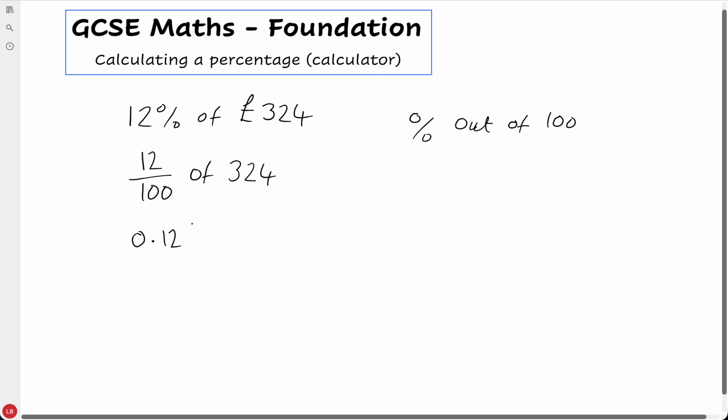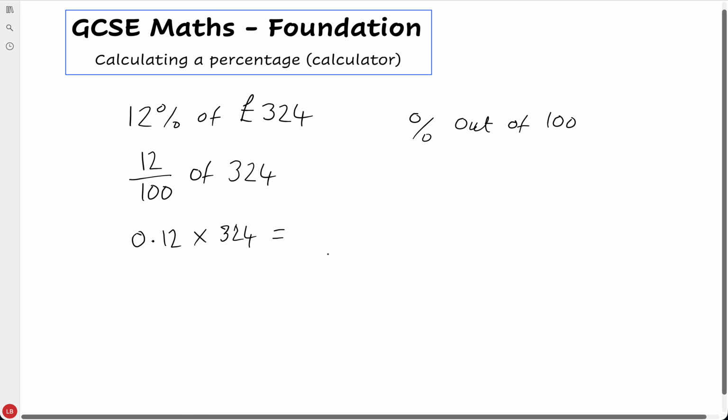Right, of in maths is just times. Of is times. Like if you've got 3 groups of 4, that's 3 times 4. Of is times. And then 324.